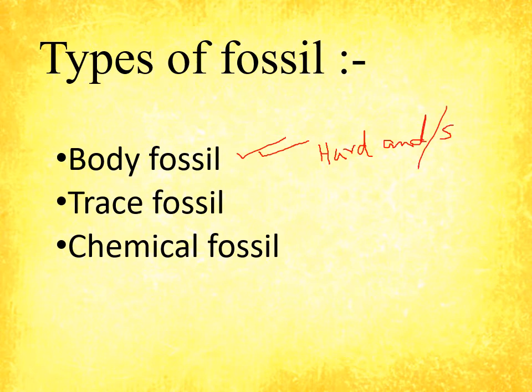But it is found that whenever an organism dies, the first thing is that the soft parts, that is the muscles and tissues, are decomposed.